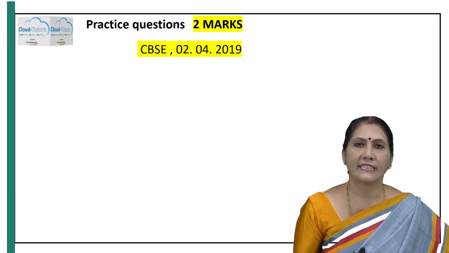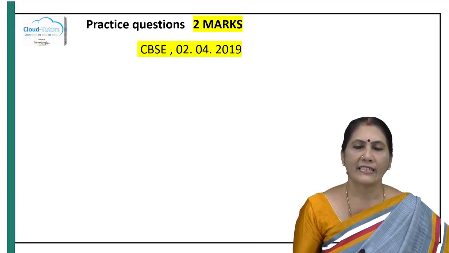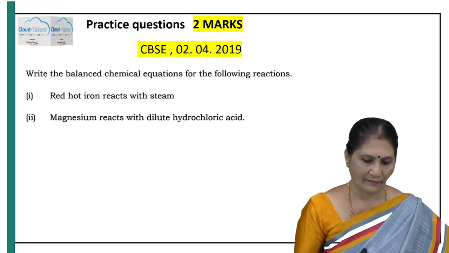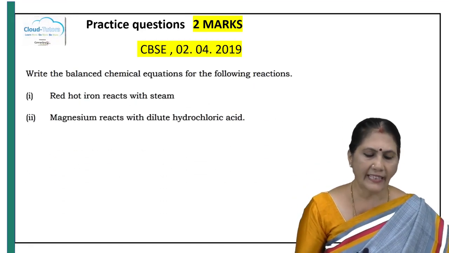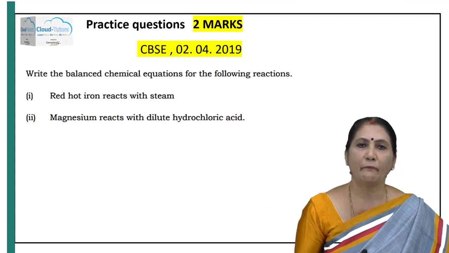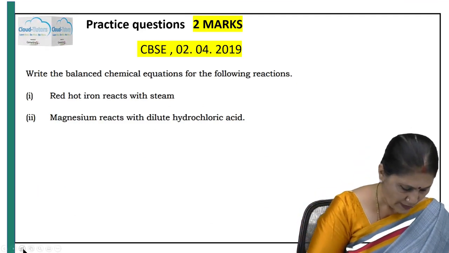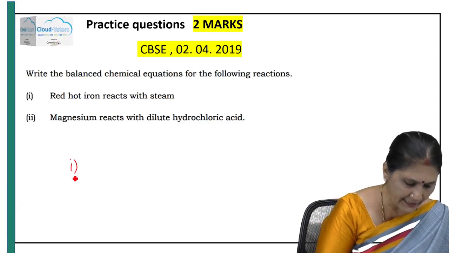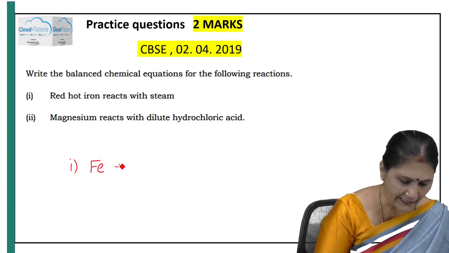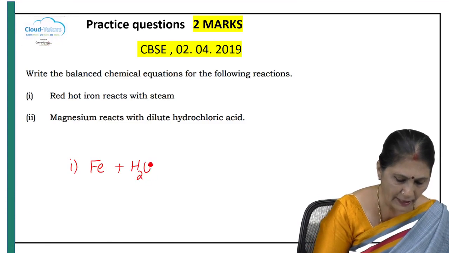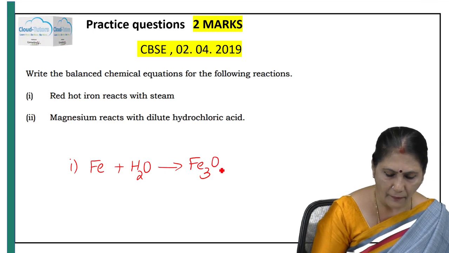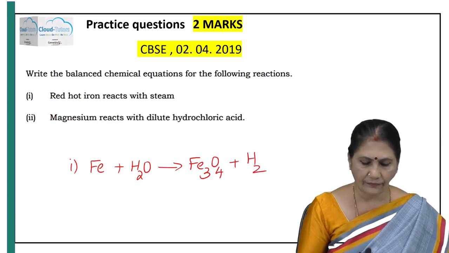Now coming to the next 2 mark question that was asked in the 2019 exam. Red hot iron reacts with steam. Some time back we had seen iron reacting with steam, H2O, giving a mixed oxide of iron along with hydrogen.